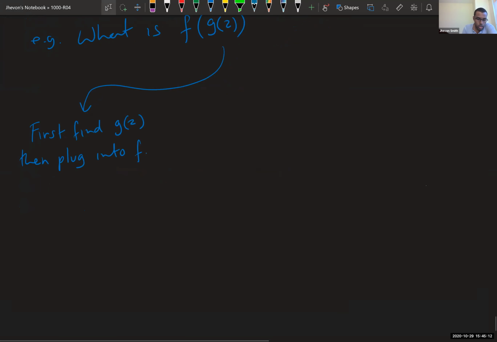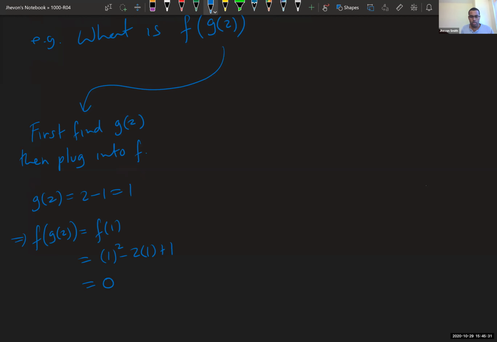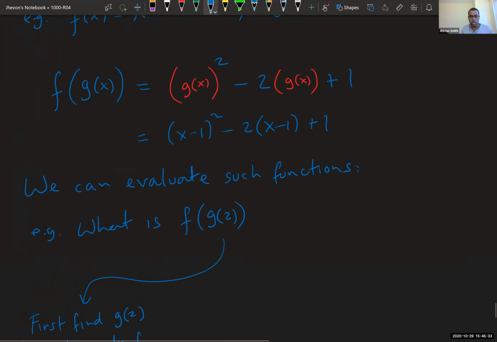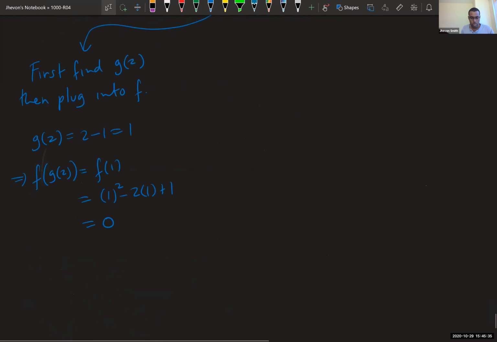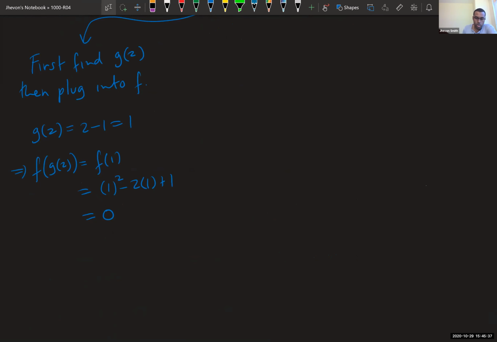So g of 2 is just 2 minus 1, which is 1. So f of g of 2 is just f of 1, which is 1 squared minus 2 times 1 plus 1. And so that would give you 0.